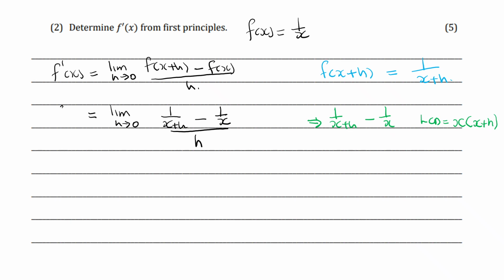So I take this one, multiply with that, and I have my LCD. So now that I have my LCD, I need to first multiply the first term by the LCD. So what I'm trying to say is that I need to take my x times x plus h, and multiply the first term, which is 1 over x plus h.